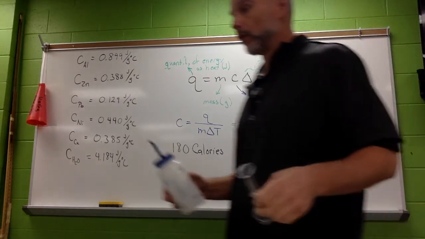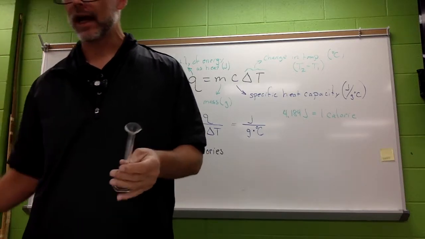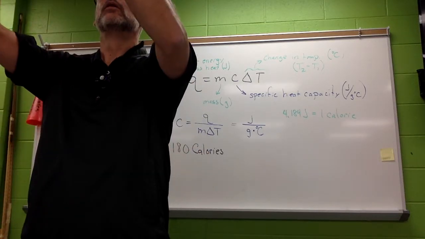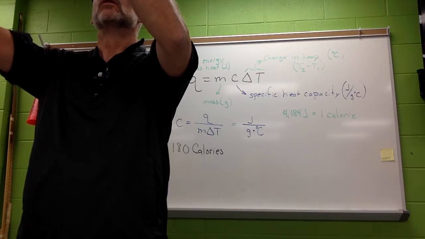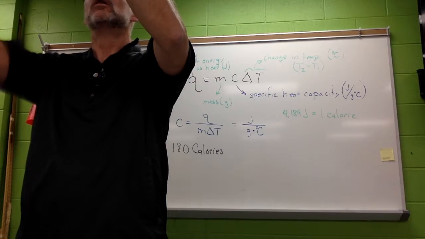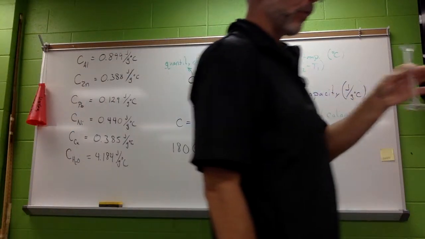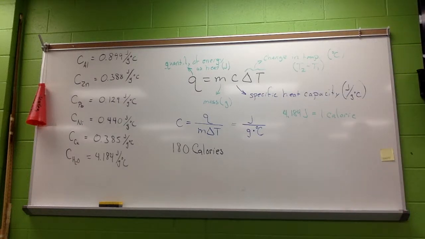And again, unless you desperately want to, you do not have to write this down, but the definition of a calorie is the amount of energy required to raise the temperature of 1 gram of water. Now, does anybody know the density of water? 1 gram per milliliter. So when I say 1 gram of water, I'm also referring to 1 milliliter of water, right? A calorie is the amount of energy required to raise the temperature of 1 milliliter of water by 1 degree Celsius.